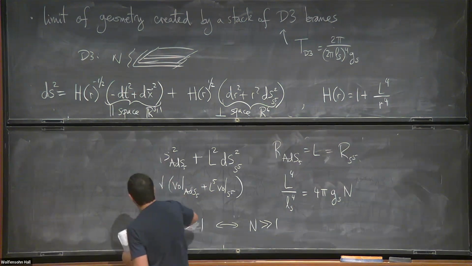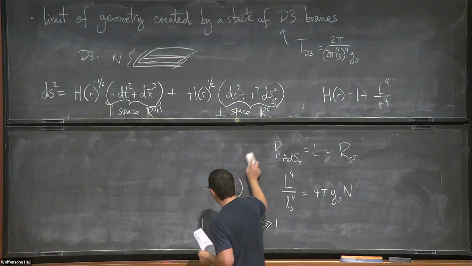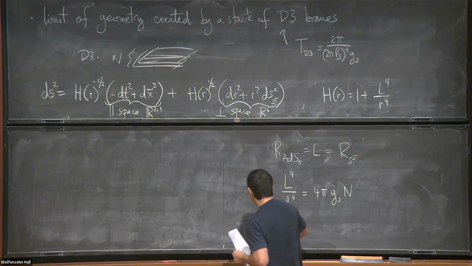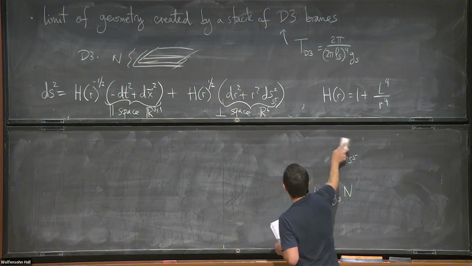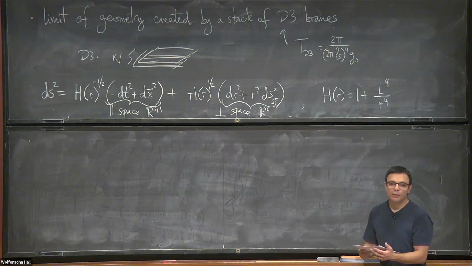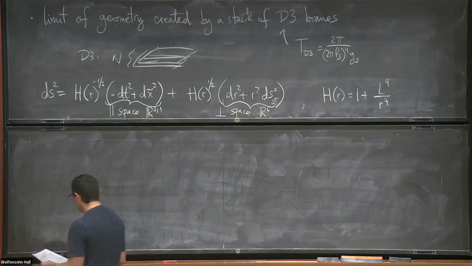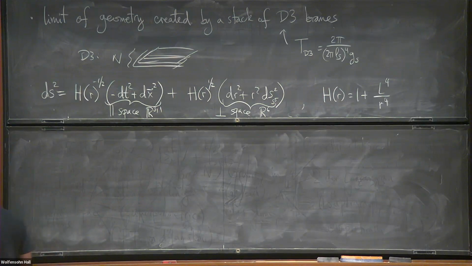So the claim is that for various quantities that we want to compute in the N=4 super Yang-Mills theory, at strong coupling and large N, there's a corresponding computation that we should do in the bulk on the gravity side. So let me show you this computation for the quark-antiquark potential. So, an application.